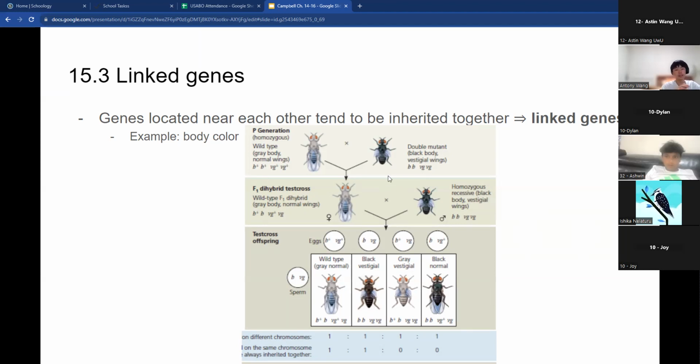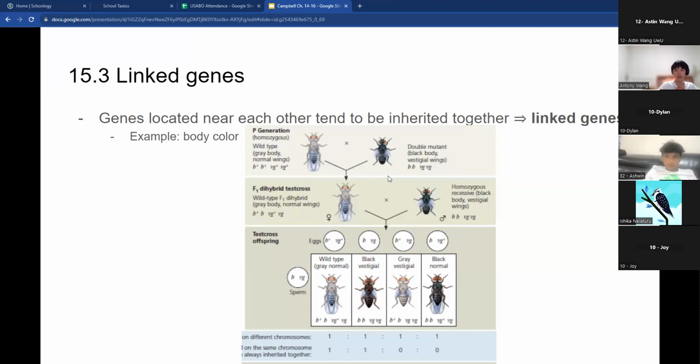So if two genes are close together, it's hard to separate the two. It's hard to trade only one of the genes because you have to cut the distance between the two genes very precisely.